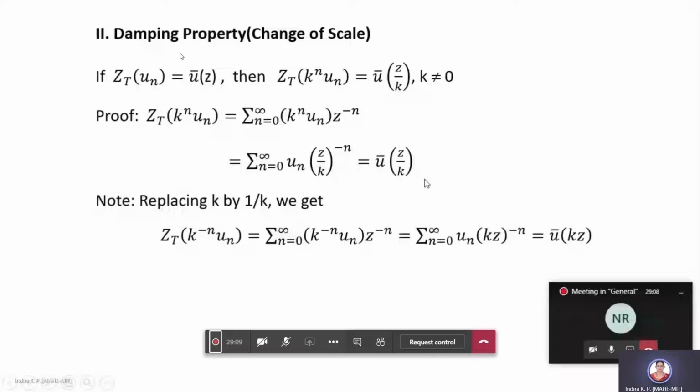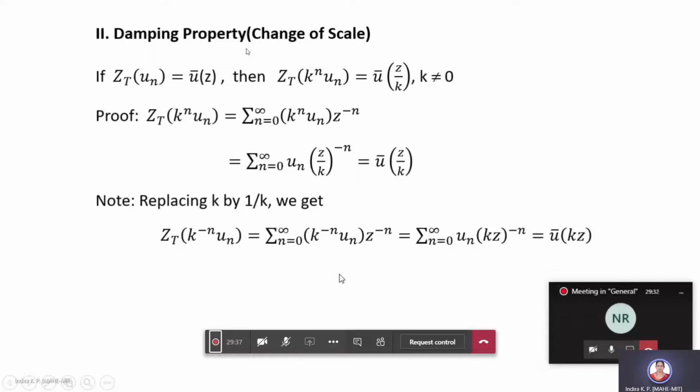So this change of scale property is very, very important in solving examples. I will repeat. If you multiply the nth term of the sequence by k to the power n, then to get the transform, you simply replace z by z/k.